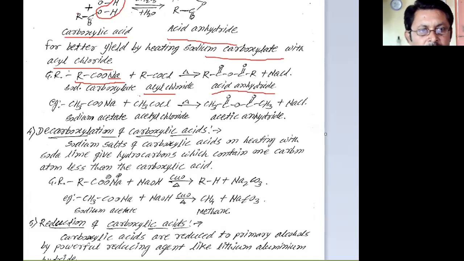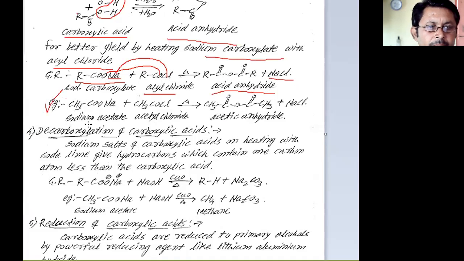How is it formed? That sodium atom combines with that chlorine atom, and that oxygen atom directly bonds with that carbonyl carbon. Then we get RCOOCOR, and a byproduct, NaCl, sodium chloride.